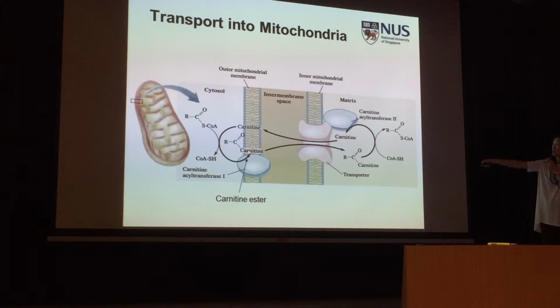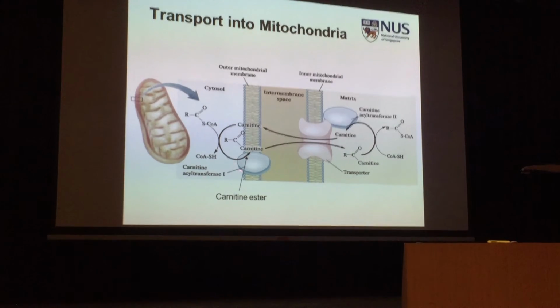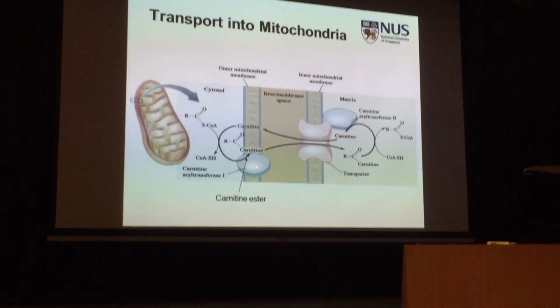And carnitine is over here. This is a carnitine ester. Look at this enzyme, carnitine acyl transferase 1, which catalyzes this reaction and allows it to diffuse into the intermembrane space.